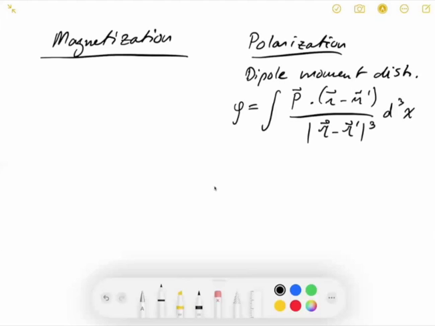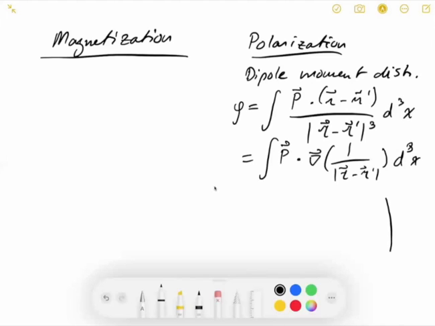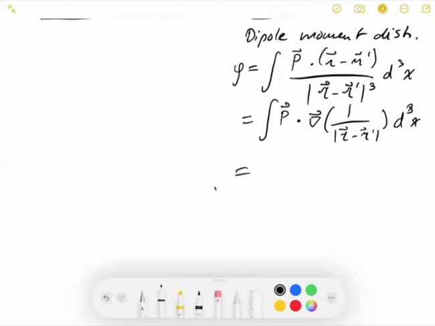And then we rewrote that as our polarization dotted with the gradient of 1 over R minus R prime, d3x. And then there was this really funny integration by parts that you could do, where you could basically pull the nabla out and then rewrite the first one into a surface integral and the second one into a volume integral. And we got these two terms.